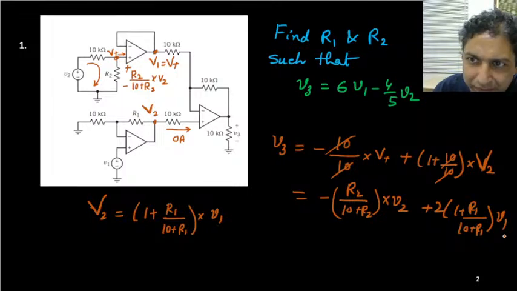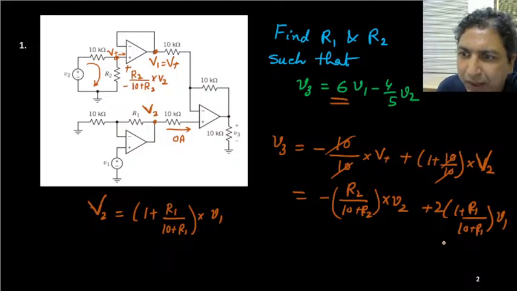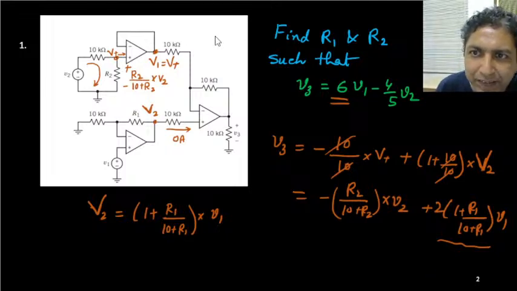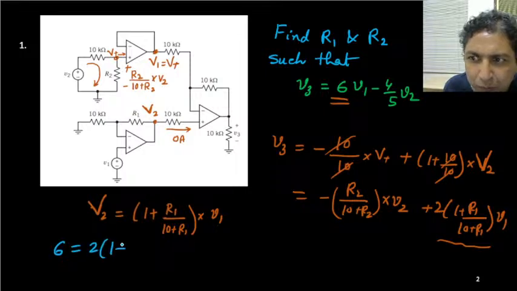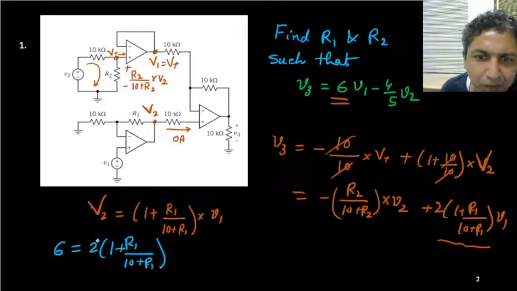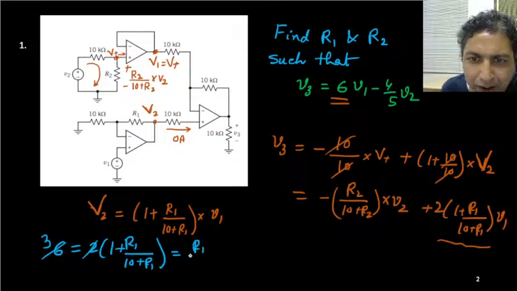Now you can just equate these two. So this 6 should be the same as this one. From here, this 6 should be the same as 2 times 1 plus R1 upon 10 plus R1. It is 3. So I think in that case it would be R1 upon 10 plus R1 equals 2.